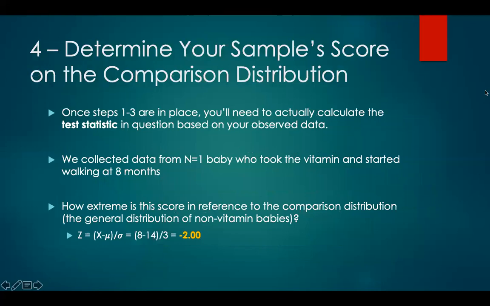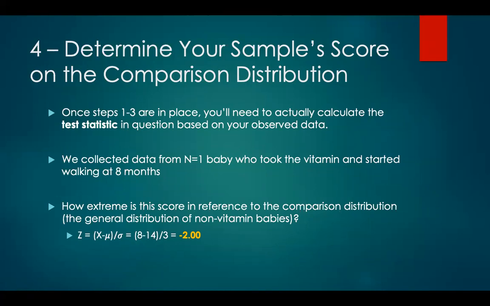Once steps 1 through 3 are in place, you need to actually calculate the test statistic in question based on your observed data. We're going to use the z-score here again as our test statistic. We collected data from an n equals 1, so one baby who took this vitamin and started walking at 8 months. So our x, or score, is 8.